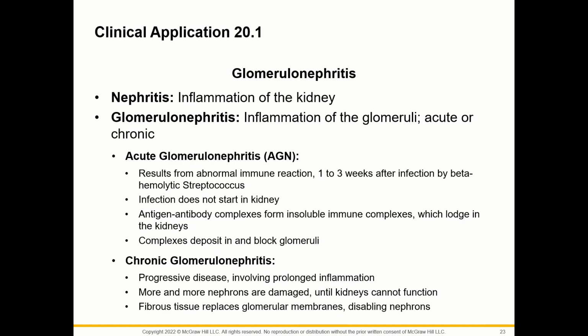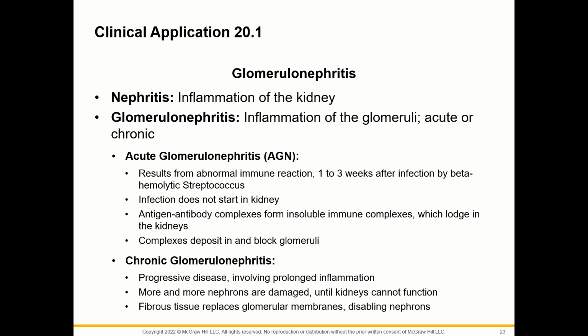So glomerulonephritis is going to be the inflammation of the glomeruli. Nephritis, as you can see, is inflammation of the kidney. And so with glomerulonephritis being the inflammation of the glomeruli, it can be acute or chronic. If it's acute, it results from an abnormal immune reaction 1 to 3 weeks after infection by beta hemolytic streptococcus.